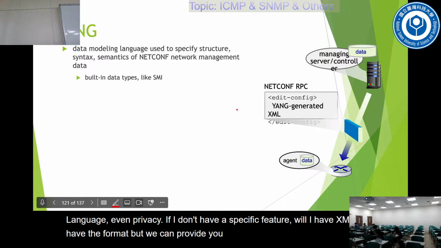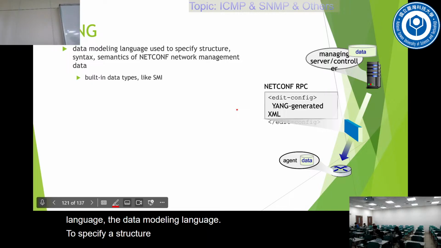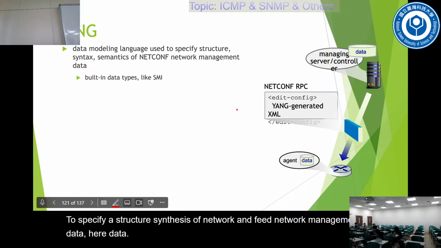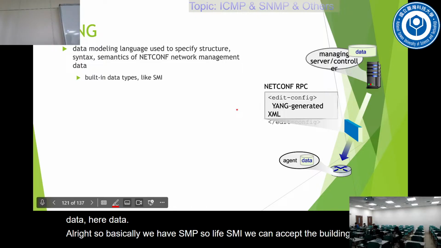And this one is a language, the data modeling language, to specify structure, syntax, semantics of network config, network management data. Still data. All right. So previously, we have SNMP. So like SMI, we can set the built-in data types by using YANG.